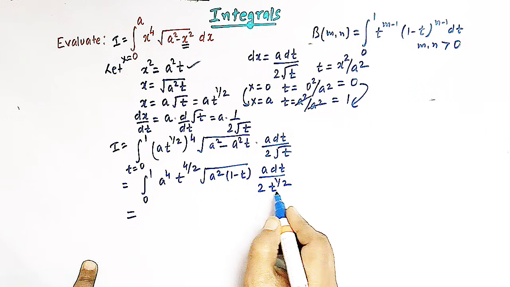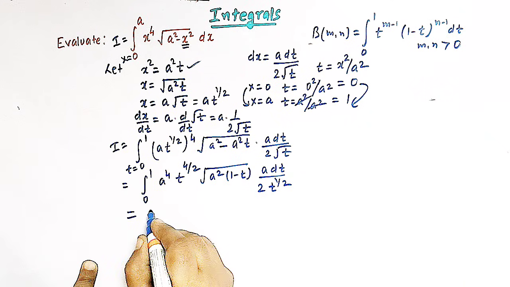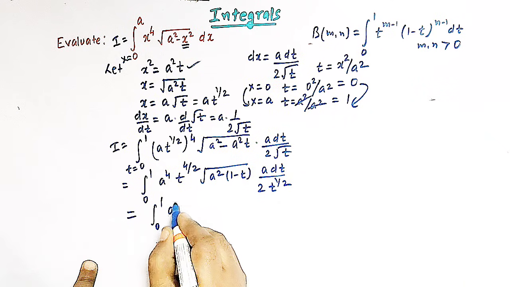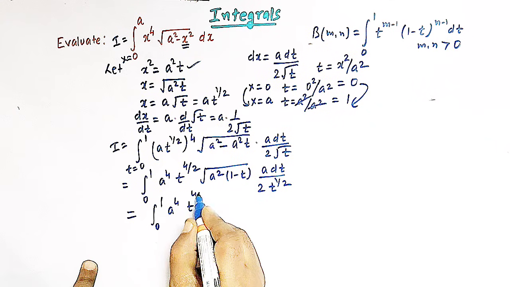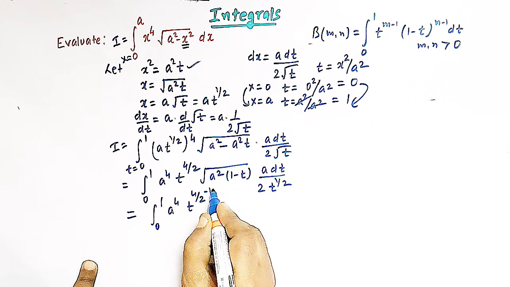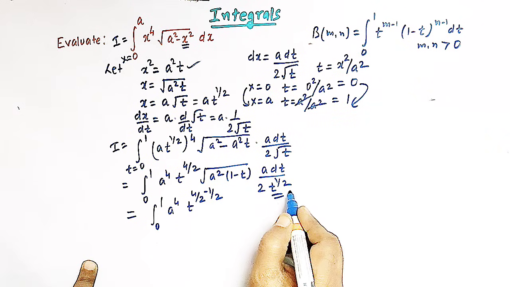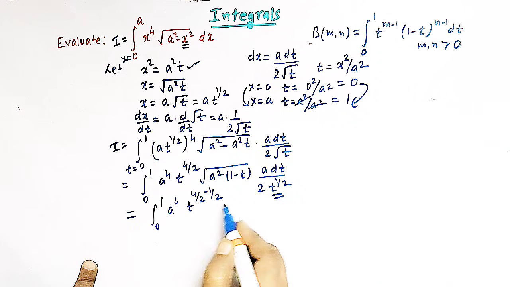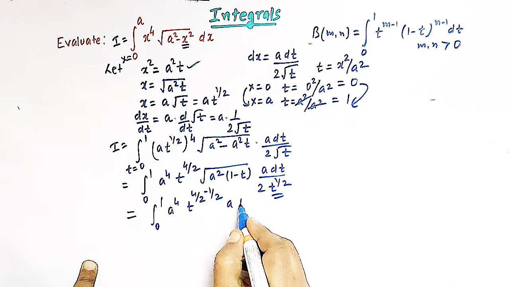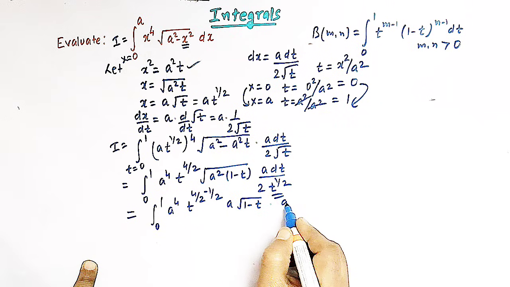Now we can take the square root of a square. So we have a raised to 4, then t raised to 4 over 2 minus half, because taking t raised to half to the numerator we have 4 by 2 minus half. Here we have a times square root of 1 minus t, and then a dt over 2.